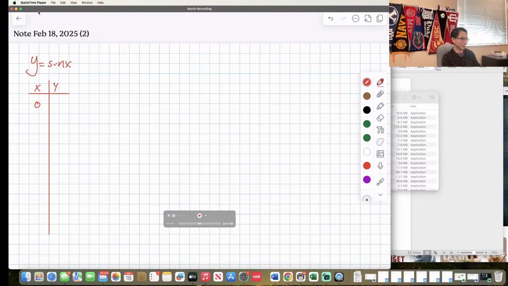X is 0. What is y? The answer is 0. Go back and look at the unit circle. At radians 0, what's my y value?